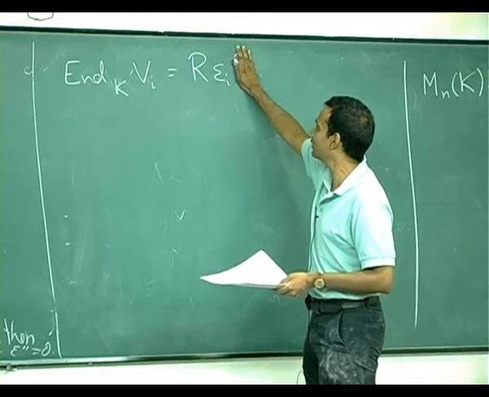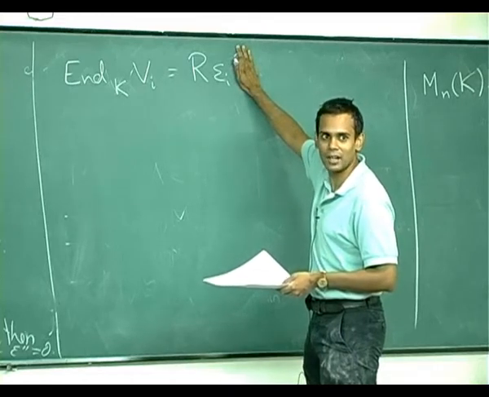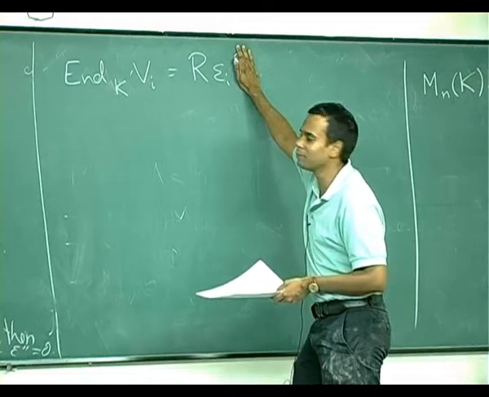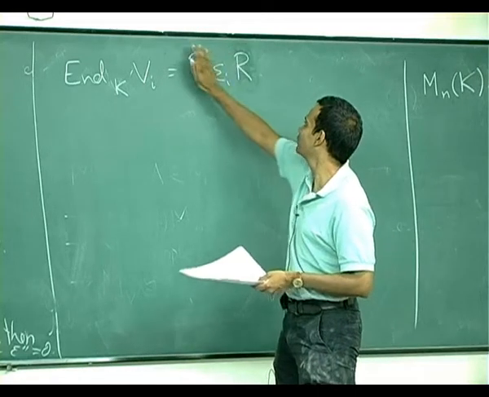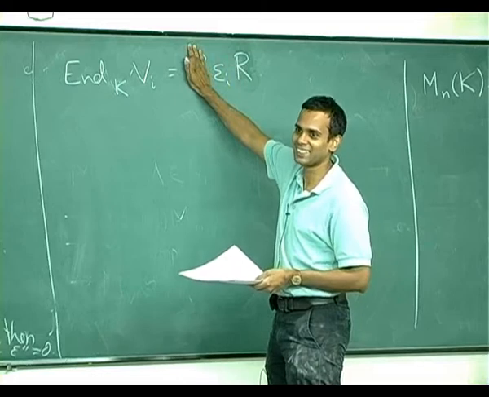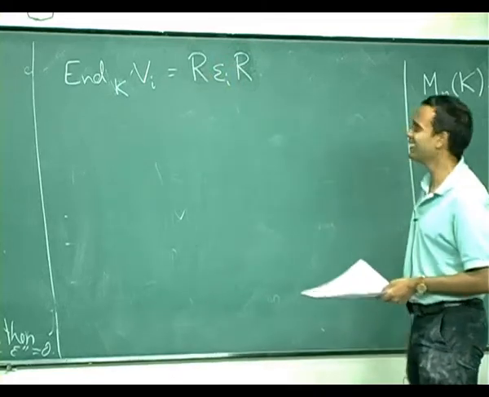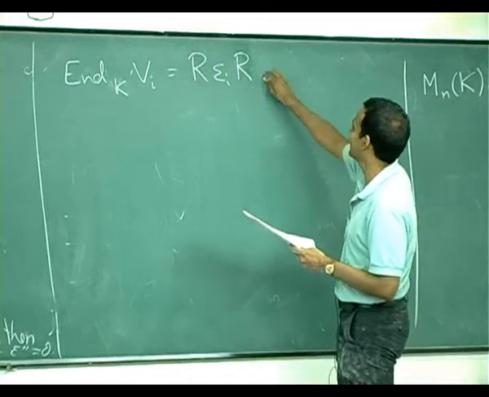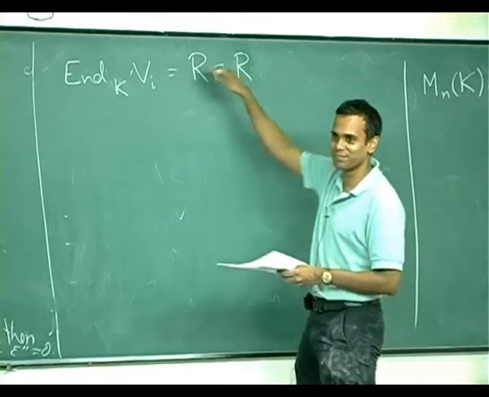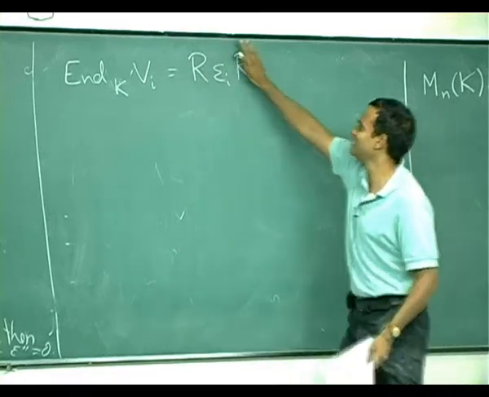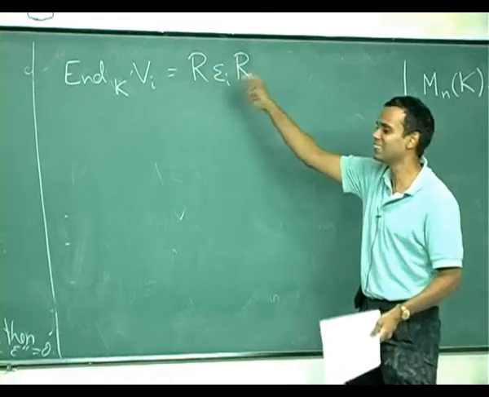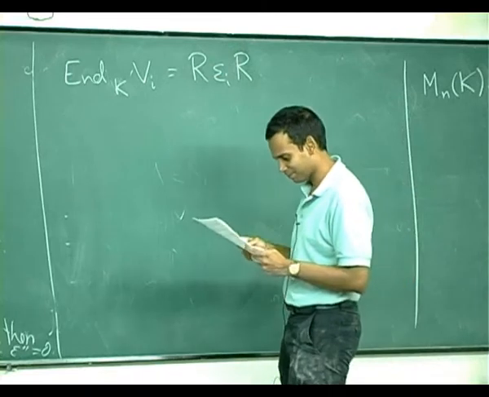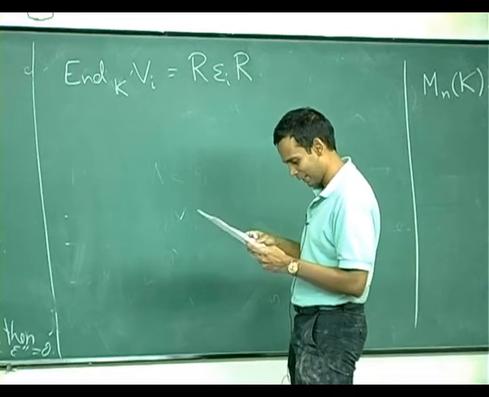As I pointed out, epsilon i is central, so R epsilon i is epsilon i R. Okay, but then I'd have to decide whether to write R epsilon i or epsilon i R. So you can just write R epsilon i R. But I see what your question is. Okay, so no need to be intimidated by this. It could be either this or this, and you're right. These are central, so it doesn't matter. Okay.